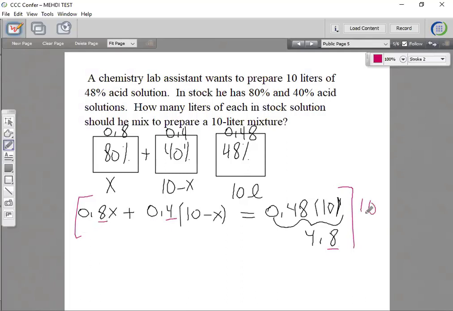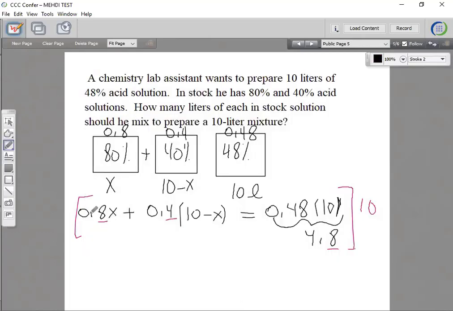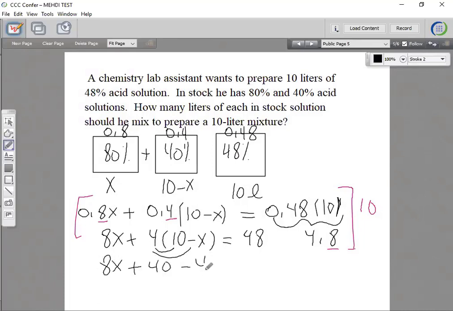If I multiply each term by 10, then 10 times 0.8 is just 8x, plus 10 times 0.4 is 4, times 10 minus x, and here 10 times 4.8 is 48. So here's the same equation with no decimals. If I distribute this, I get 8x plus 40 minus 4x is equal to 48.